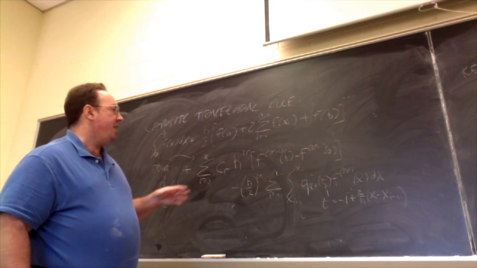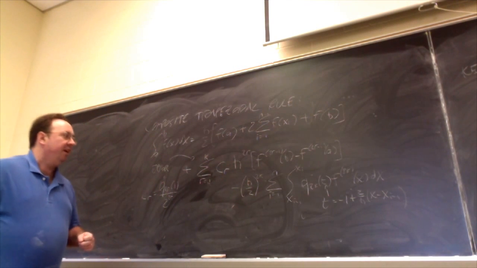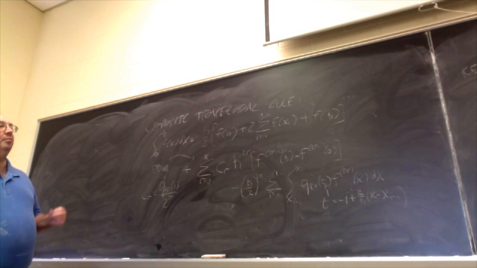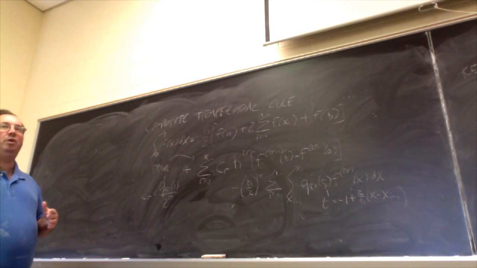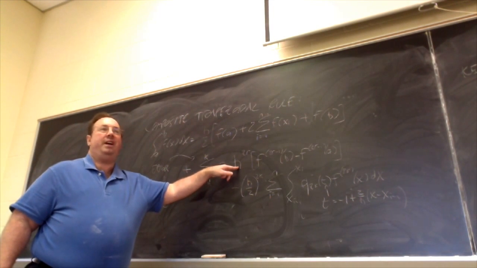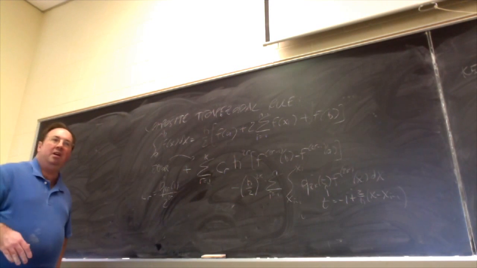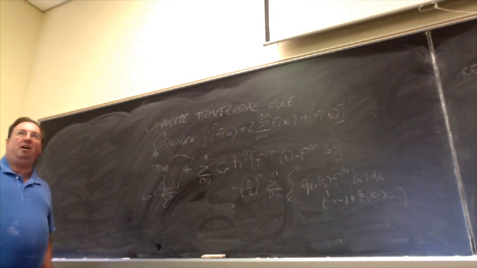Now I'm differentiating f. So really what's happening is the change of variable from minus 1 to 1 to a generic interval of width h is introducing this factor of powers of h. And notice they're all even powers because we got those odd order terms to cancel.